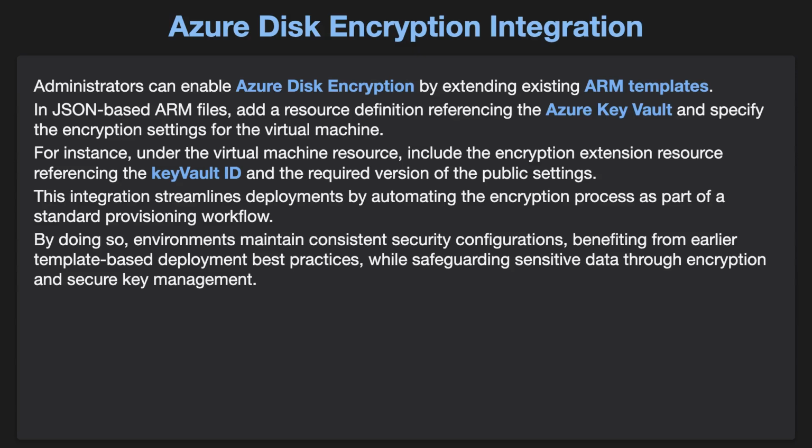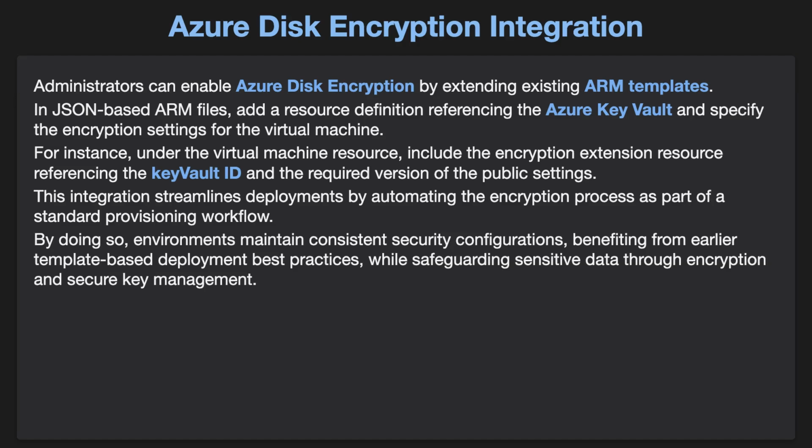Administrators can enable Azure Disk Encryption by extending existing ARM templates. In JSON-based ARM files, add a resource definition referencing the Azure Key Vault and specify the encryption settings for the virtual machine. For instance, under the virtual machine resource, include the encryption extension resource referencing the Key Vault ID and the required version of the public settings.